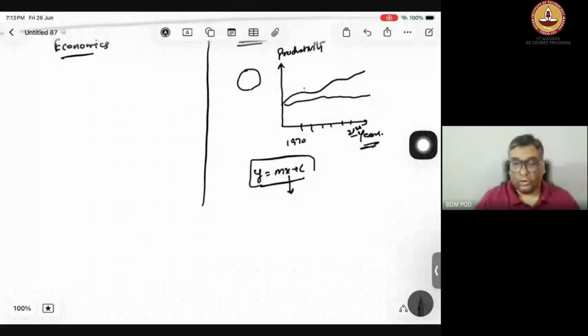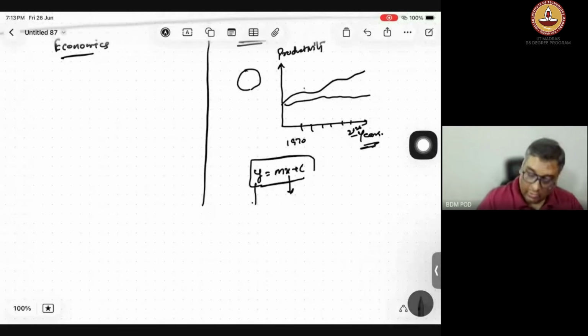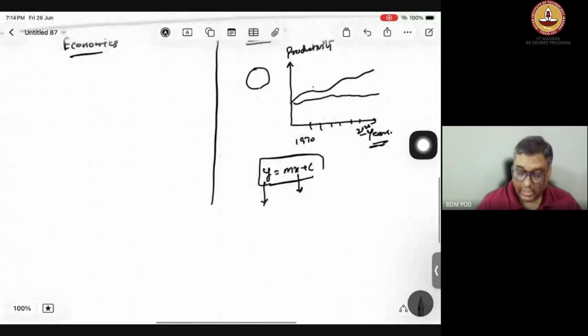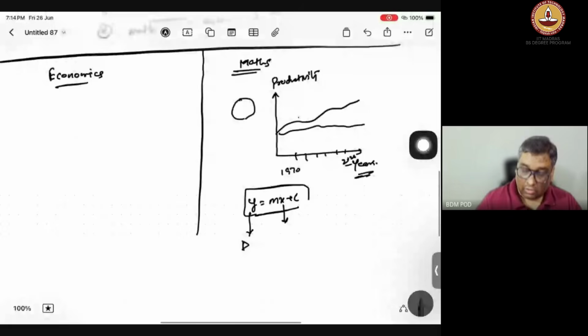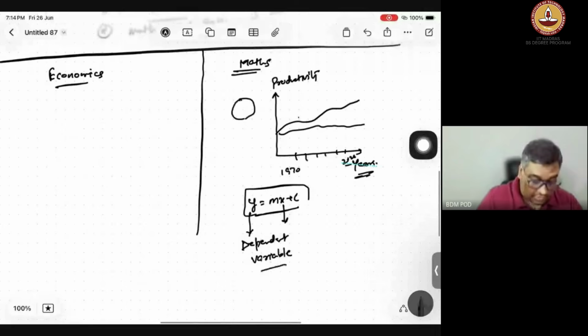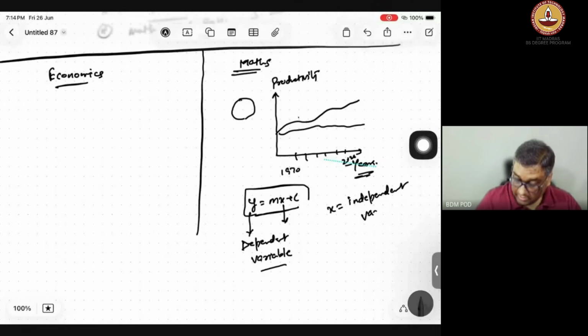And what you obtain, or what is derived from your independent variable, is called a dependent variable. So here, y, you can assume, is the productivity. So productivity y is called a dependent variable. Okay, but here x is your independent variable.